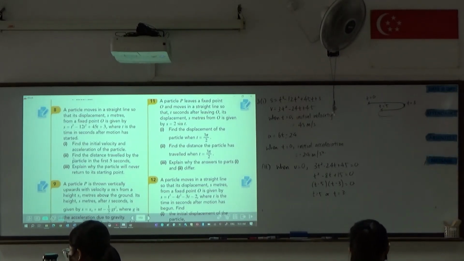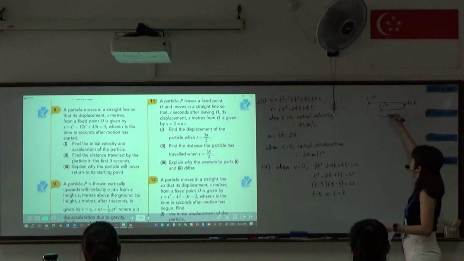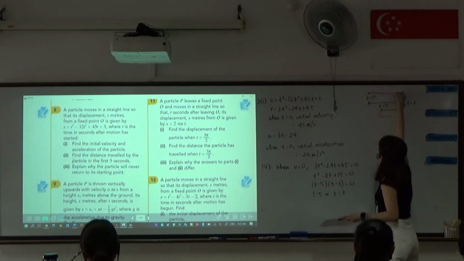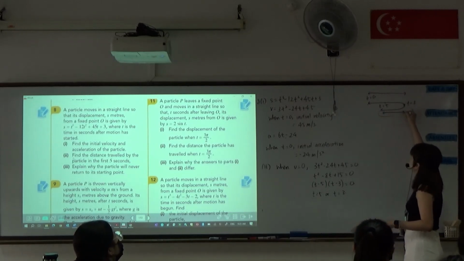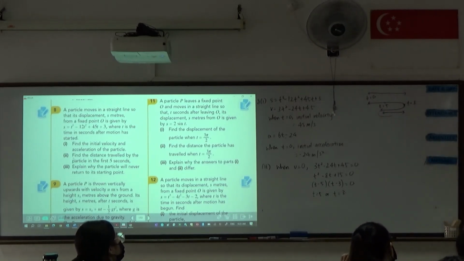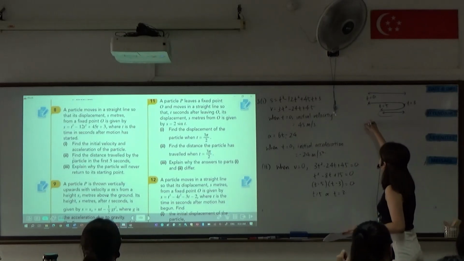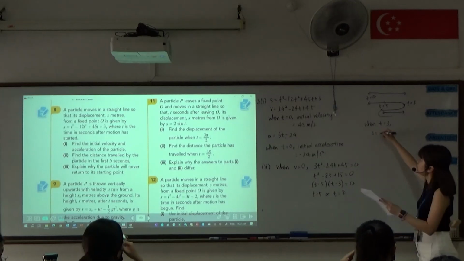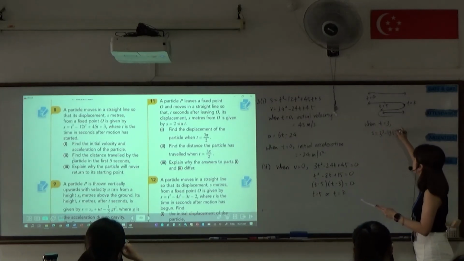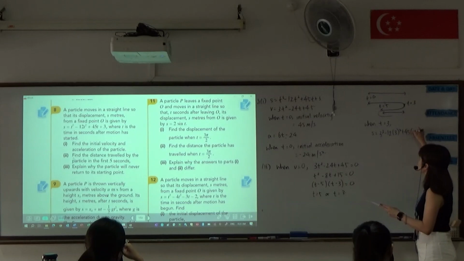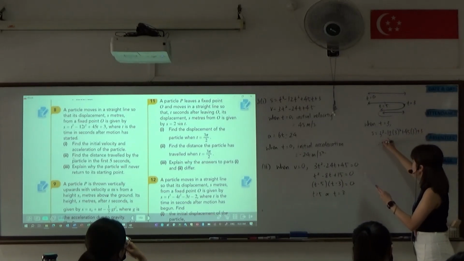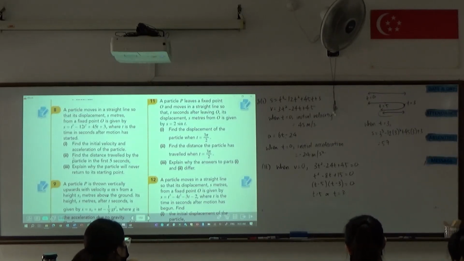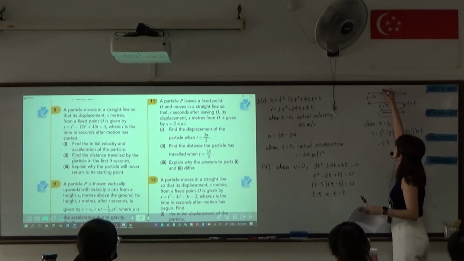But that doesn't quite matter because the question only wants us to find out the distance up to t equals 5. Meaning to say, we need to know what is this distance plus this distance. So we can find out when t equals 3, our displacement will be equal to 57. So this is 57 meters.